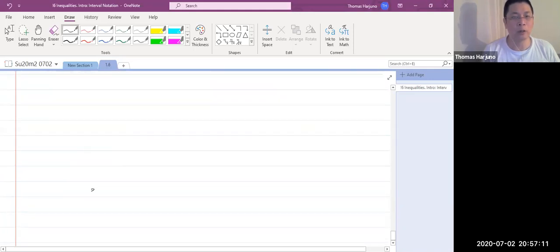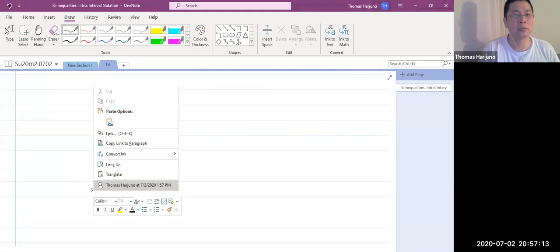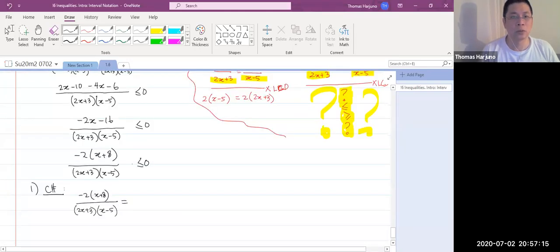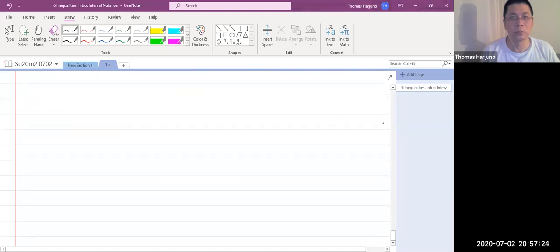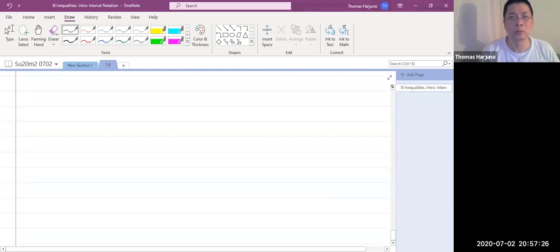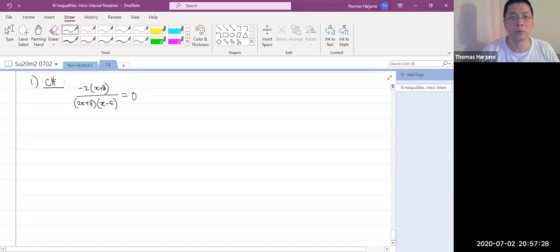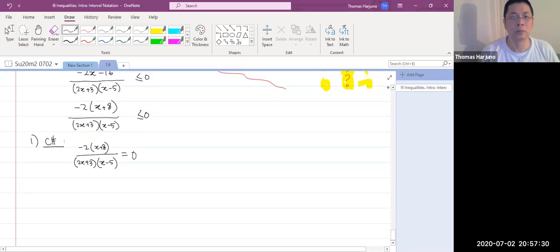On the numerator, the critical number is x equals negative 8.